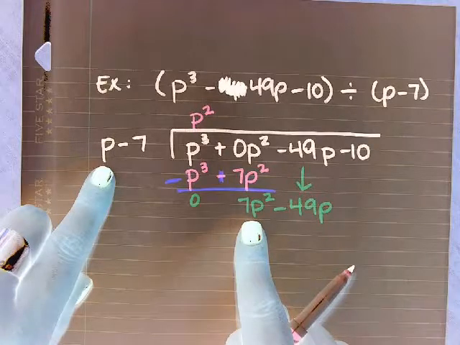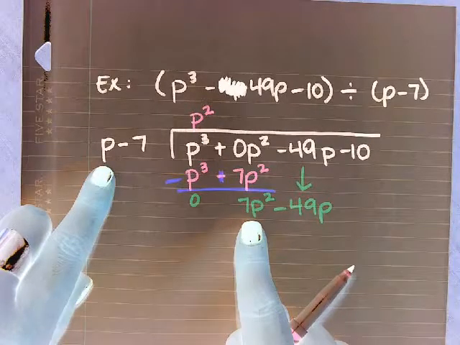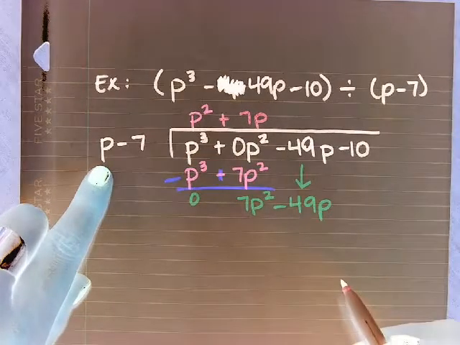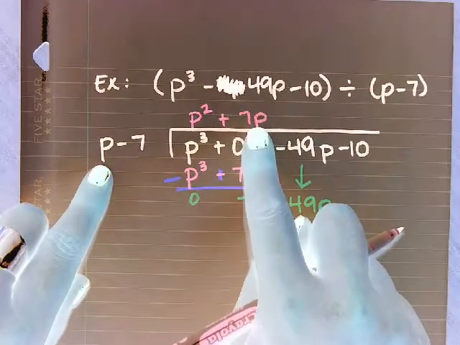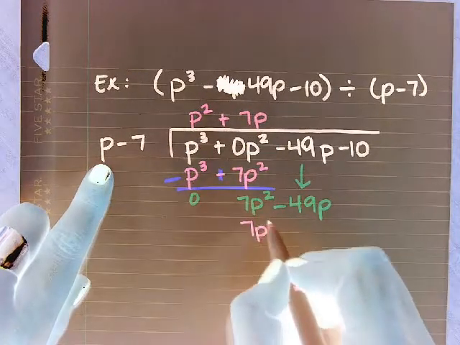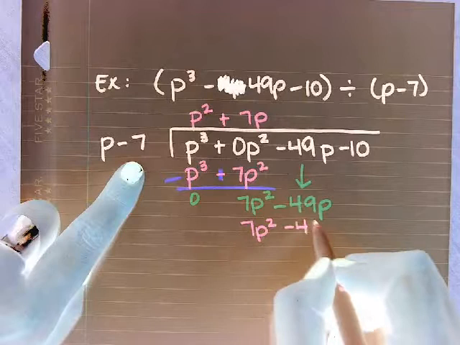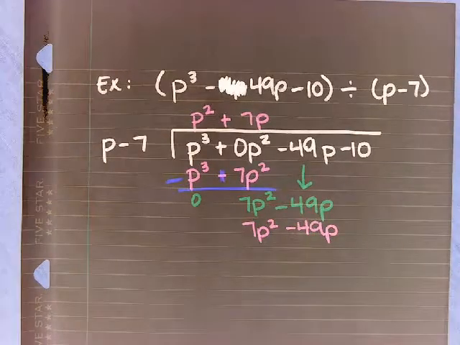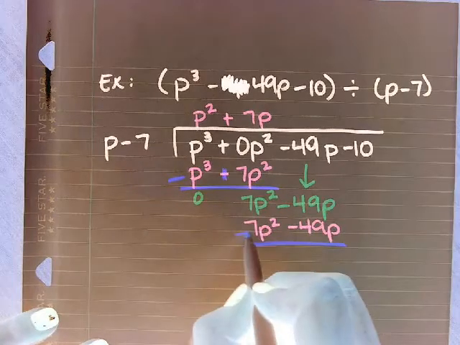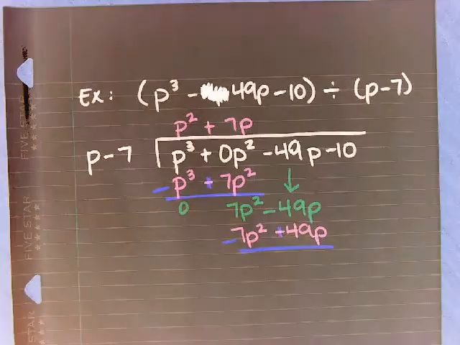So what should go on top? 7p, and it's positive, so I'm going to go ahead and put plus, okay? And then what did you get when you multiplied it? That's 49p. Okay, then what do we do? Draw the line, change the signs.